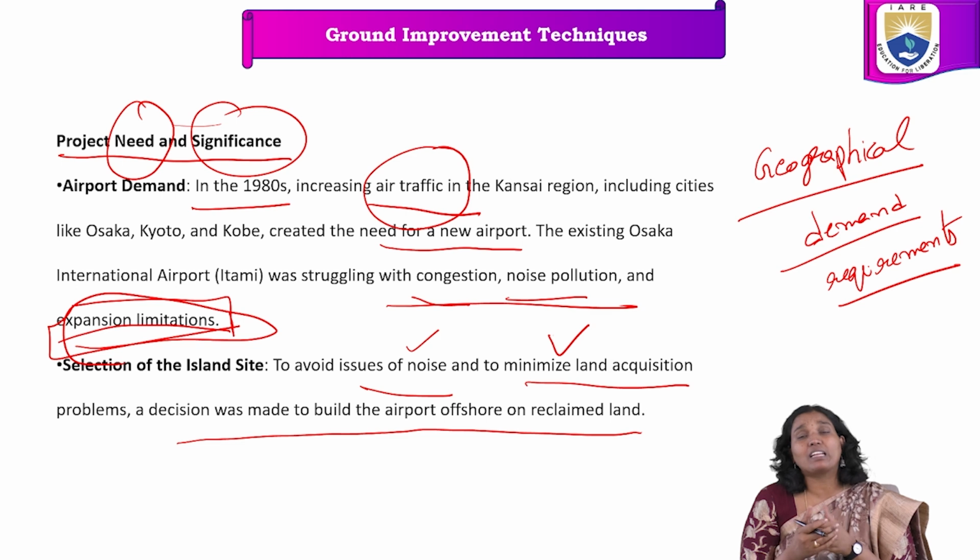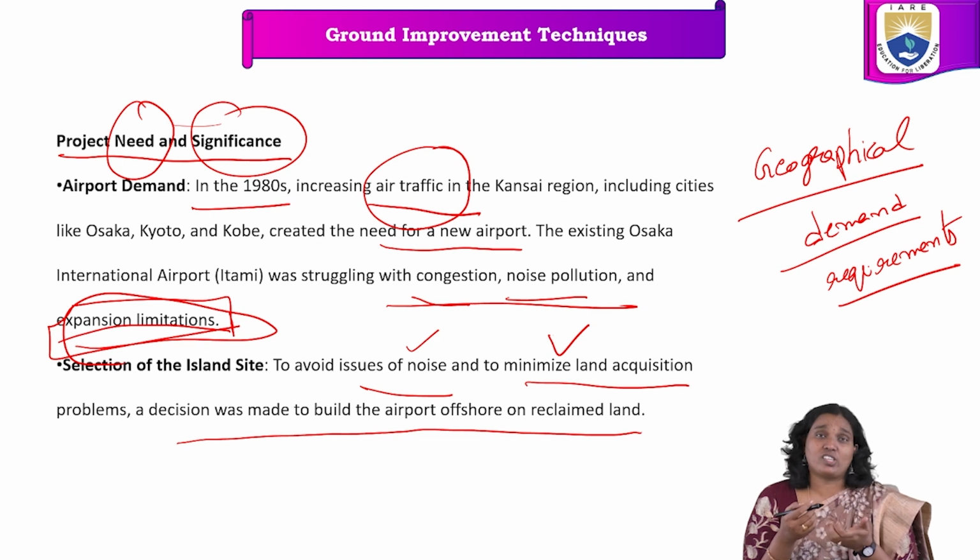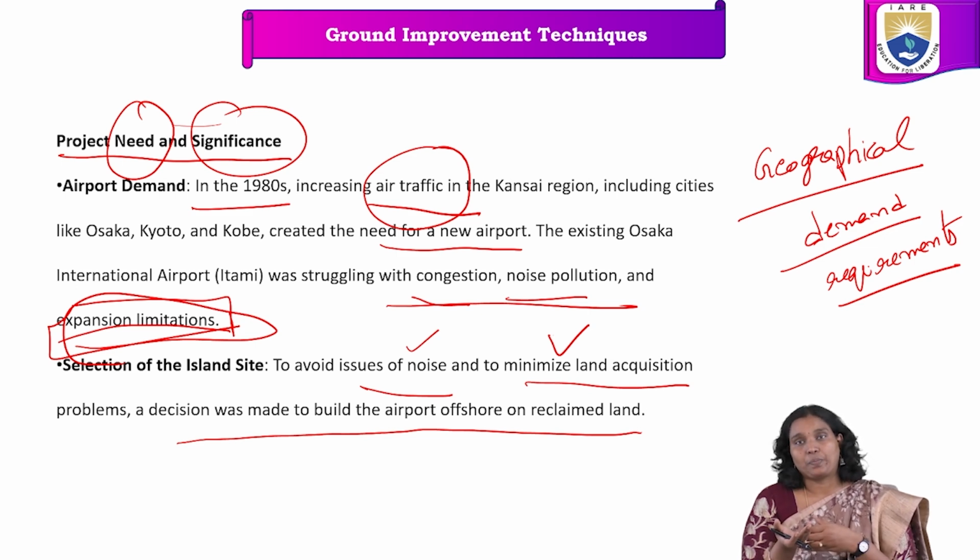Not only for this particular case study, but for any kind of project, not only airports: dams, bridges, road constructions, railway zones, railway bridges, railway platforms, extensions, and where the ring road is going to go. The choice of the land where we are going to construct, with public demand, is more important whenever it is required.